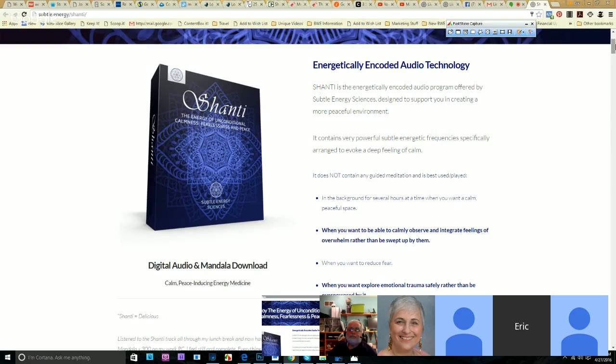Now, when it comes to different types of energetic stimulation, even those that induce calm, sometimes your energetic system and your nervous system can only take so much energy a day. But the way this is designed, you can play it for anywhere from 1 to 8 hours a day while you're doing other things, and it's meant to be used specifically for periods when you're experiencing emotional overwhelm.